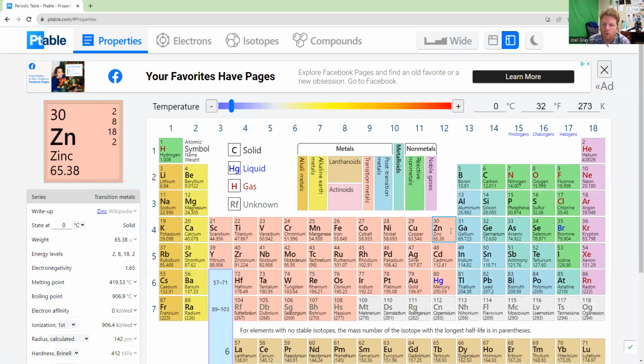Calculate the energy of a photon with a wavelength of 200 millimeters. Okay, for this one, what we've got to do is convert our wavelength, 200 millimeters, to meters. There are 1,000 mm in 1 meter.